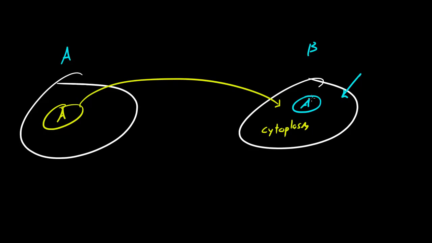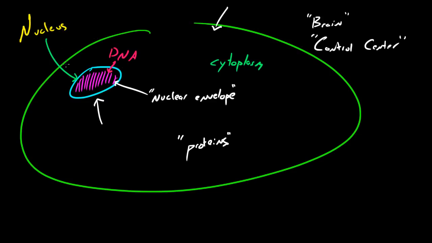So that's why people definitely agreed after this experiment that indeed, the nucleus is the true brain or true control center of the cell. Again, we'll talk more about transplanting nuclei and all that good stuff later on when we learn exactly how proteins are made. But for now, just remember all this stuff right here.